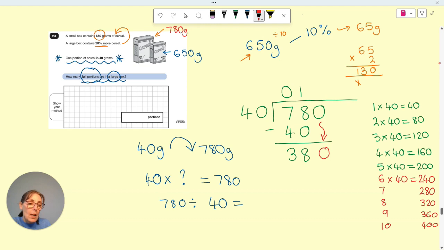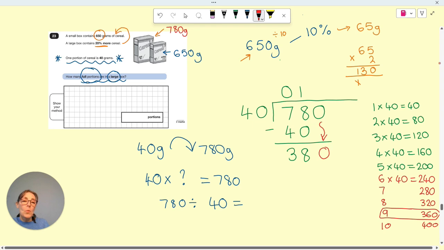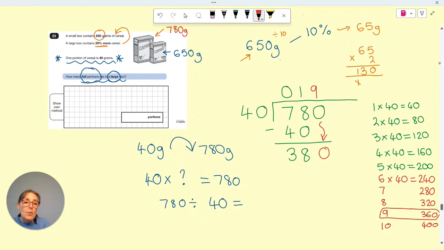It looks like it is this one. 9 times 40 is 360, because it says full portions, and 1 portion is 40 grams. So 8 take away 6 is 2, 3 take away 3 is 0. So we have 20 grams left over, which is half a portion. So I know 19 full portions fit into that box.